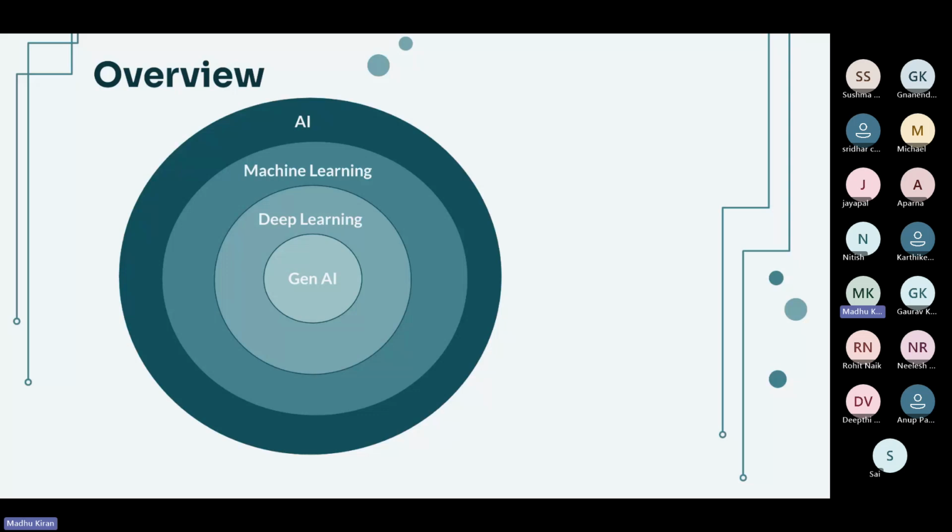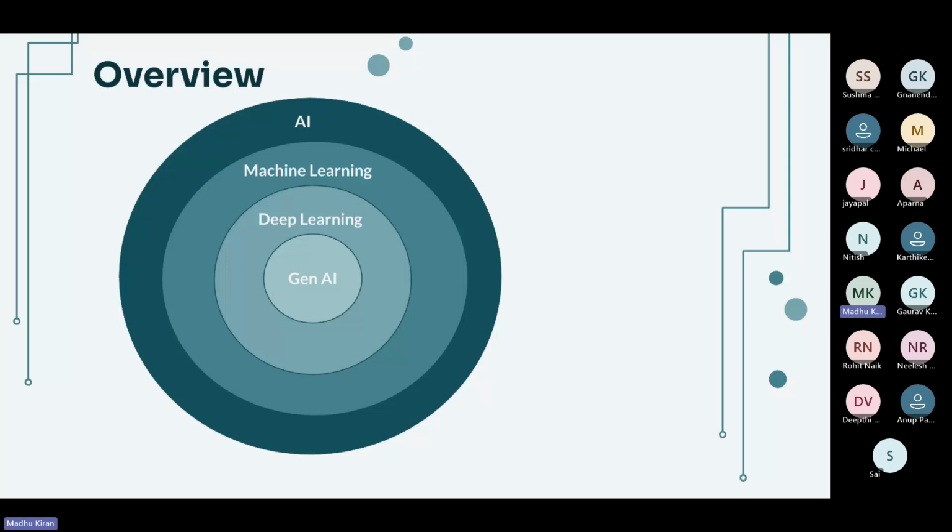And again, there is one more term which is confusing, which is data science. So now you might wonder, with all this AI, ML, DL, Gen AI, where does data science come in? Before we see where data science fits in, why do you think AI suddenly boomed in the last few years?